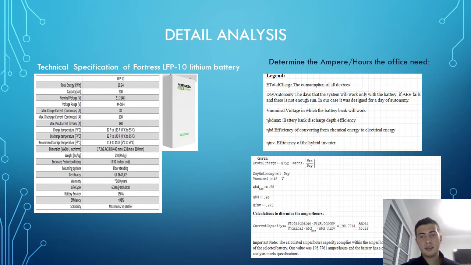And this is the analysis, and the capacity of the battery is 198 ampere hours.